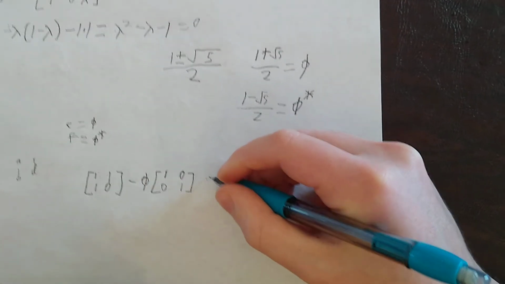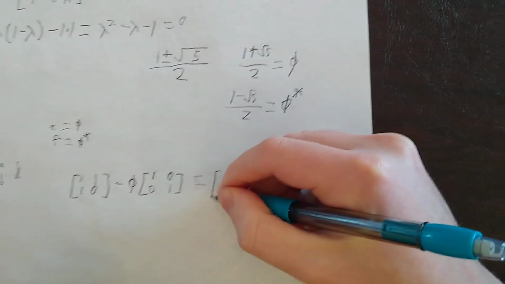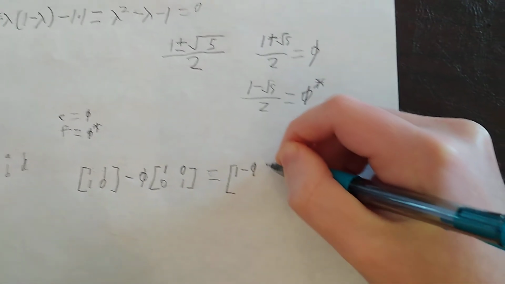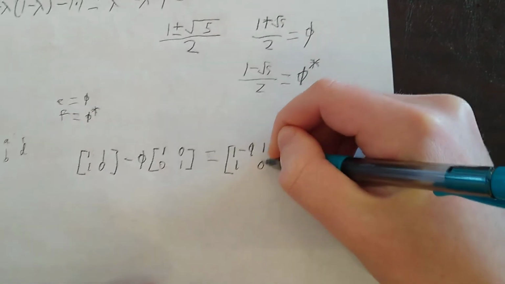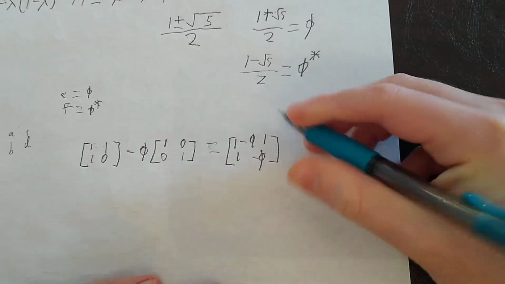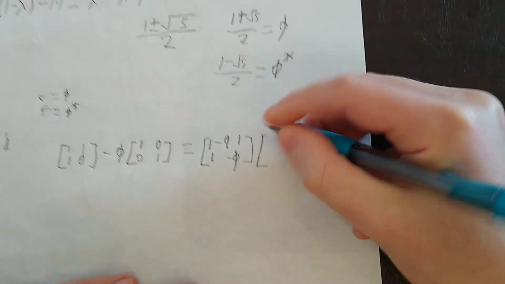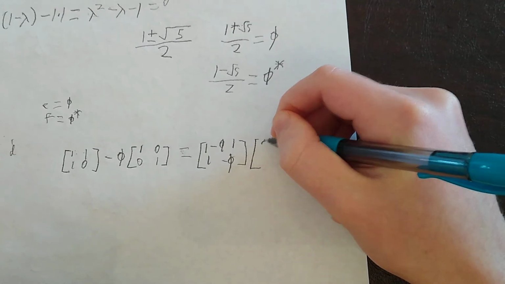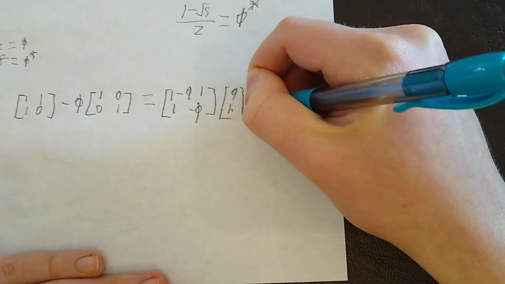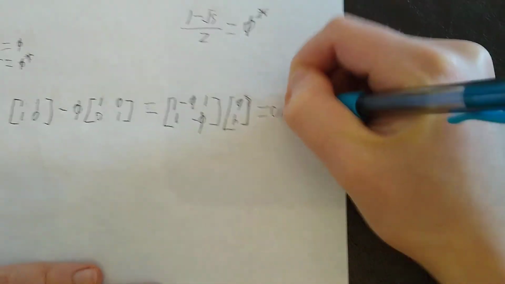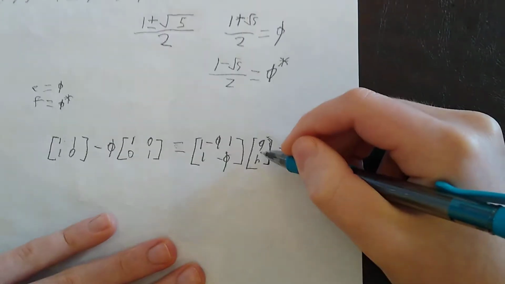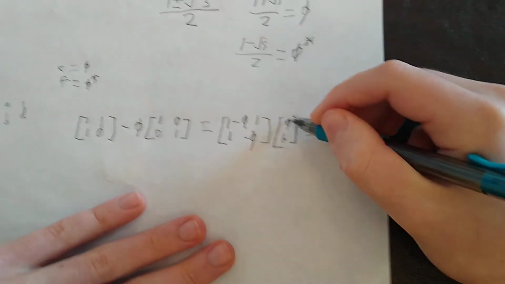That's going to be equal to 1 minus phi, 1, and then 1, and then negative phi. So we know that times, let's say, G and H is going to be equal to 0. And we don't necessarily need to find the exact values of G and H. You just need to find a basis for the null space.